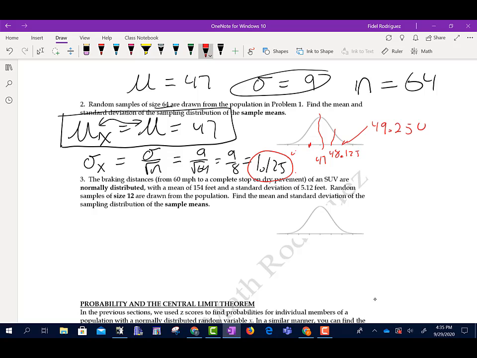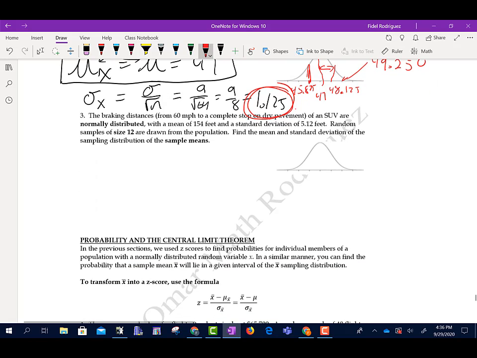That would be the number that I would have right here. Okay. Right. So again, my spread is still much smaller because my spread is only 1.125, where in the original one, remember the spread was 9, right? The spread was 9. Okay.